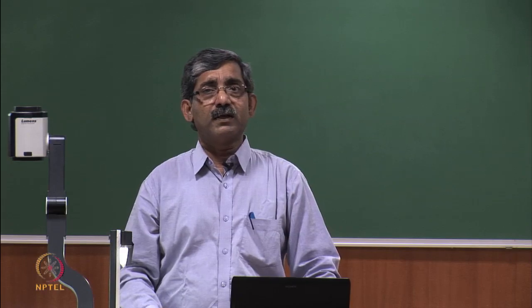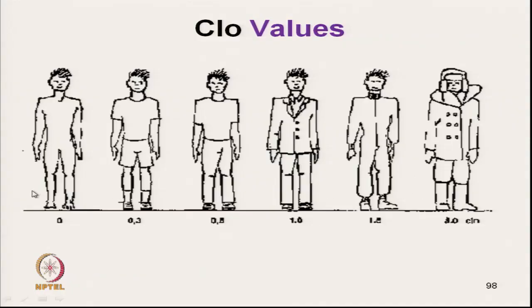Now, the picture shows that this person without any clothing has the clo value 0. As the person puts on more and more clothing, the clo value increases.